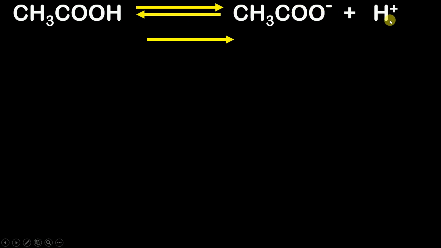Now what is the meaning of partially over here? See, let's say you have 100 moles of CH3COOH, then out of 100 moles of CH3COOH, only 20 to 30 moles of CH3COOH will get dissociated into CH3COO minus plus H plus ions.